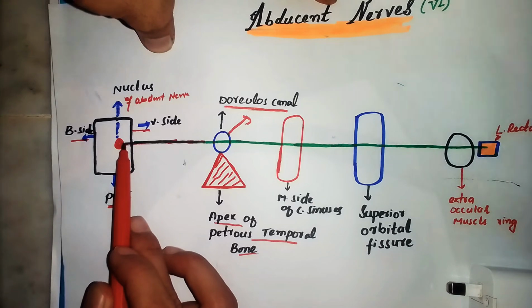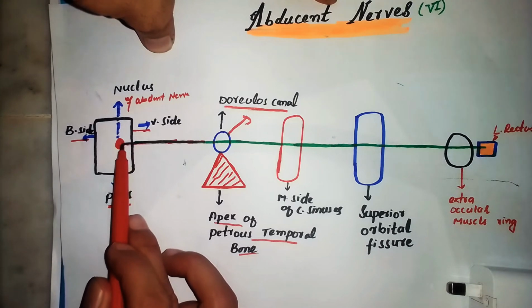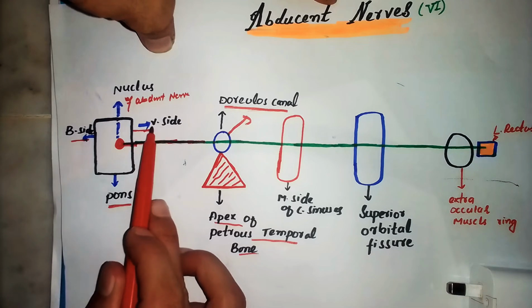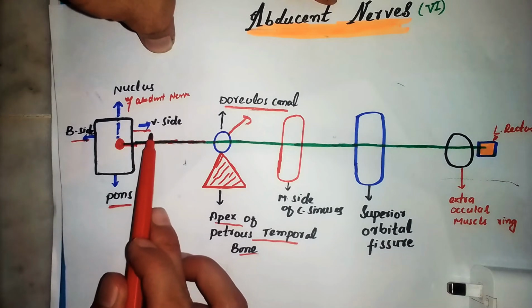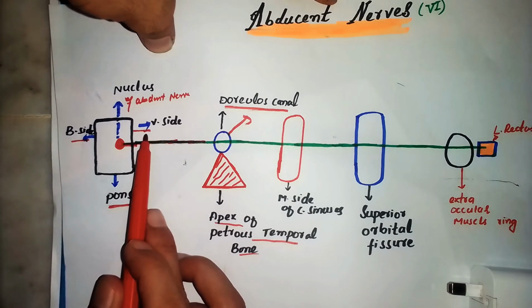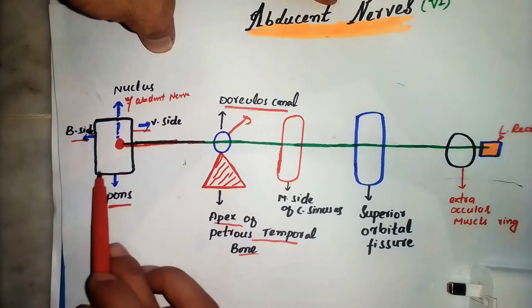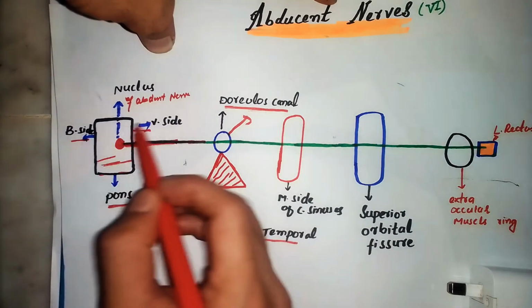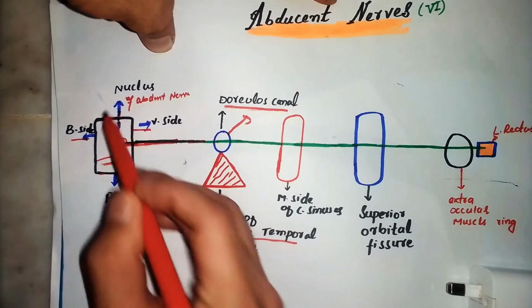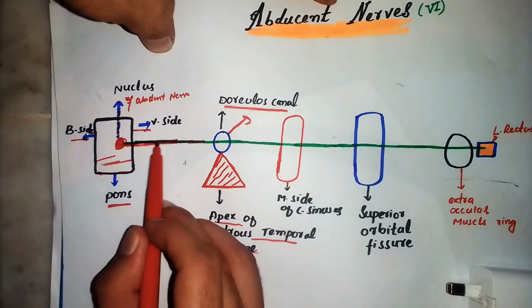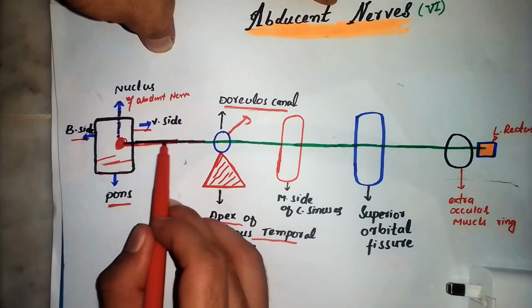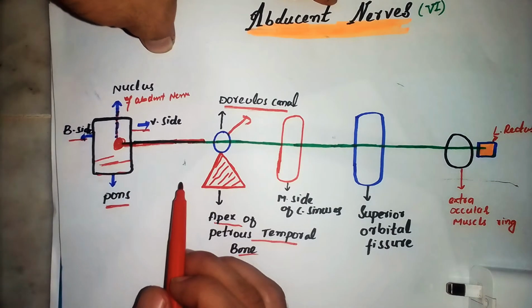The axon of the abducent nerve arises from the pons and moves toward the ventral side of the pons, not the back side. This is the pons, this is the nucleus of the abducent nerve, and this is the axon moving toward the ventral side of the pons.